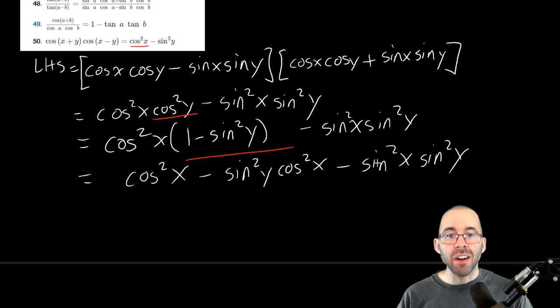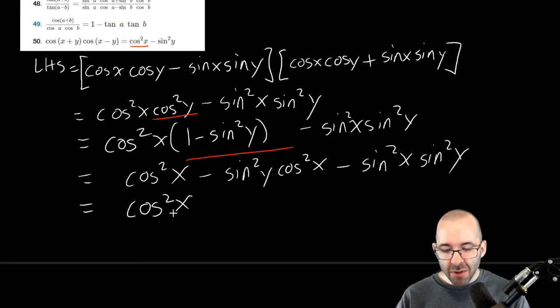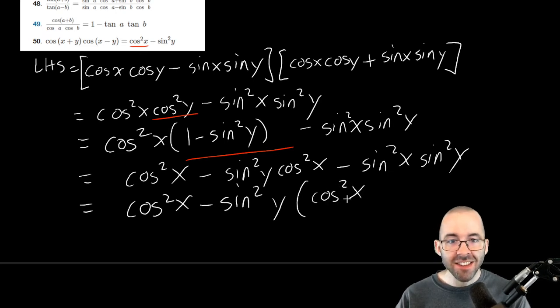And what about this part? We can factor. I think this is right. I think we're getting there. Because we already have the first part. And if we factor out a minus sine squared of y, we're left with a cosine squared of x plus a sine squared of x.